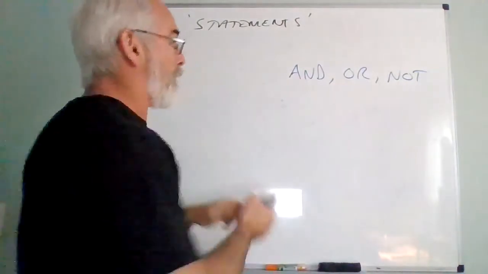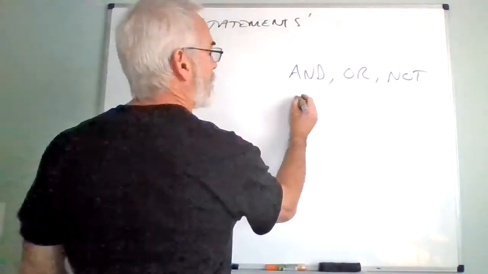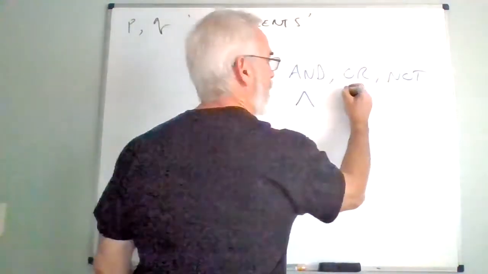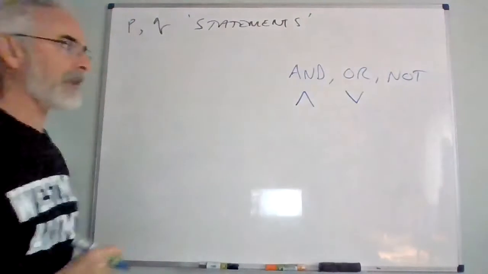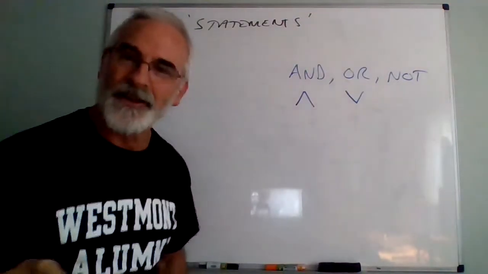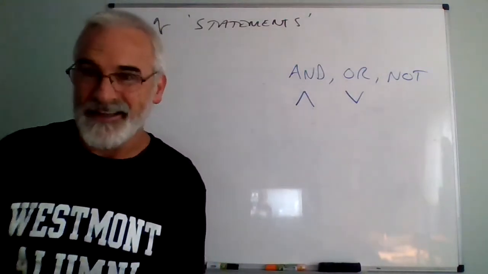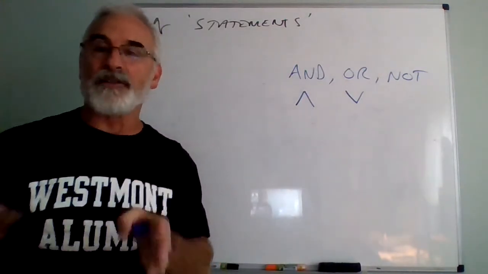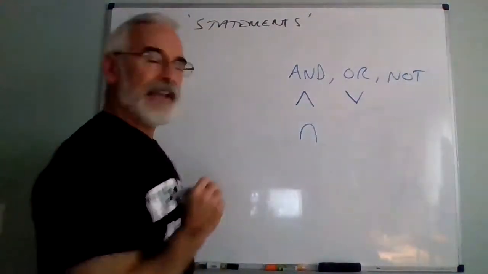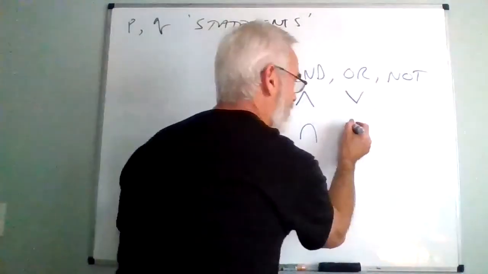Now, symbolically, for an and statement, we use this symbol. For an or statement, we use this symbol. Right off the bat, that seems totally confusing. Actually, it's not that confusing because with sets, if I said I am in the intersection of sets, we use this symbol. And if I'm in the union of sets, we use this symbol.